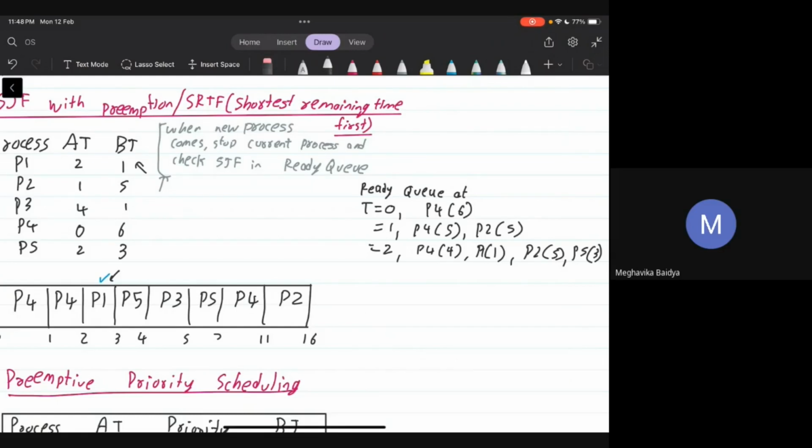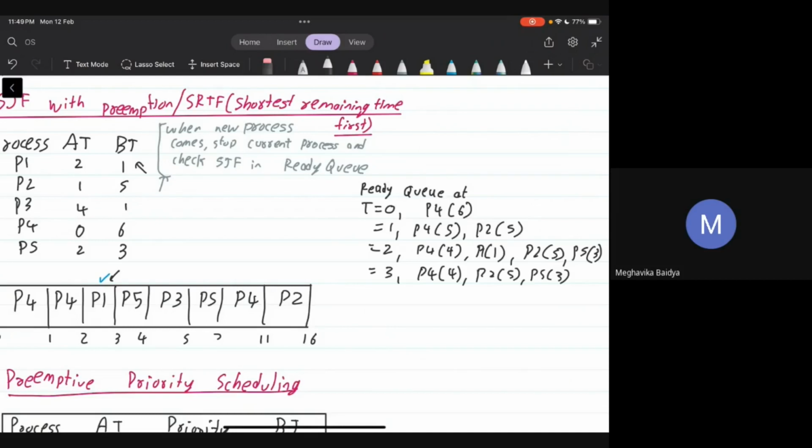Now, since P1 only has 1, at t equals 3, it will check again. P4 is there with 4, P2 is there with 5, and P5 is there with 3. In this, the shortest one is P5.